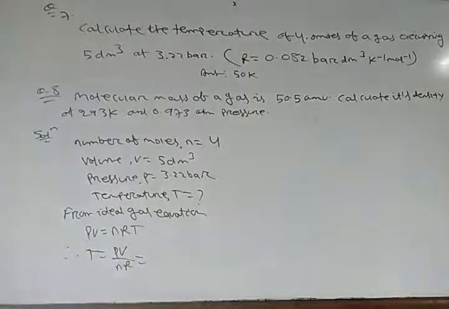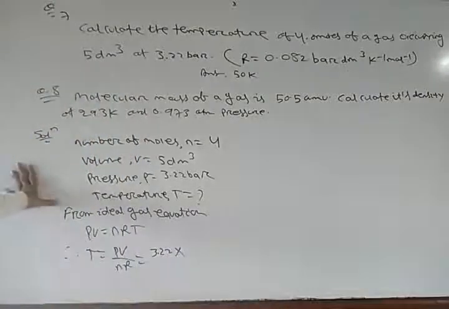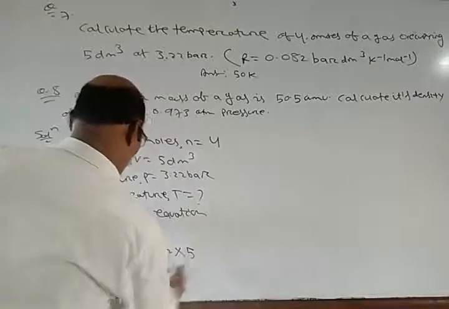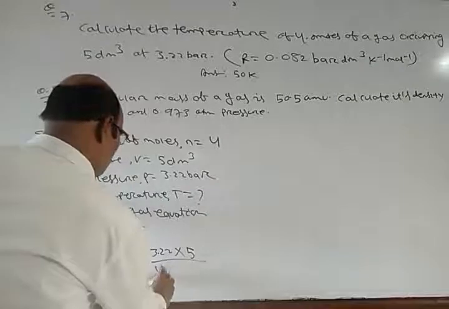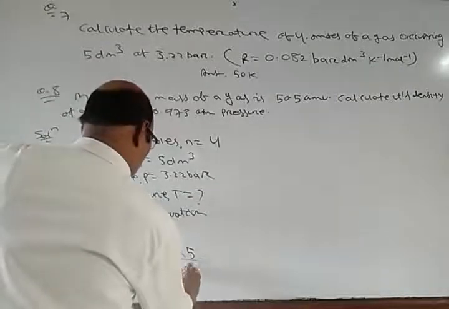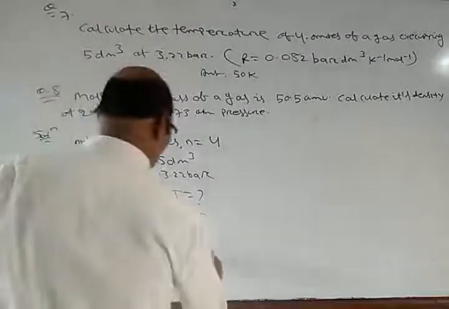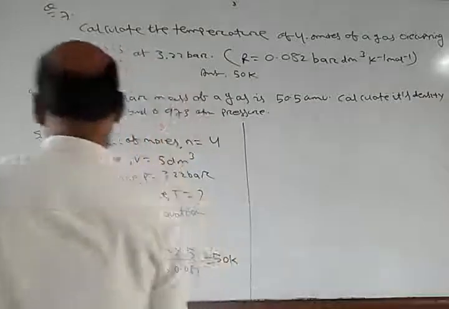So how much is P here? 3.22 into V here 5 decimeter cube by n, how much? 4 mole into R 0.082. So if you calculate this, we will get what? 50 Kelvin.